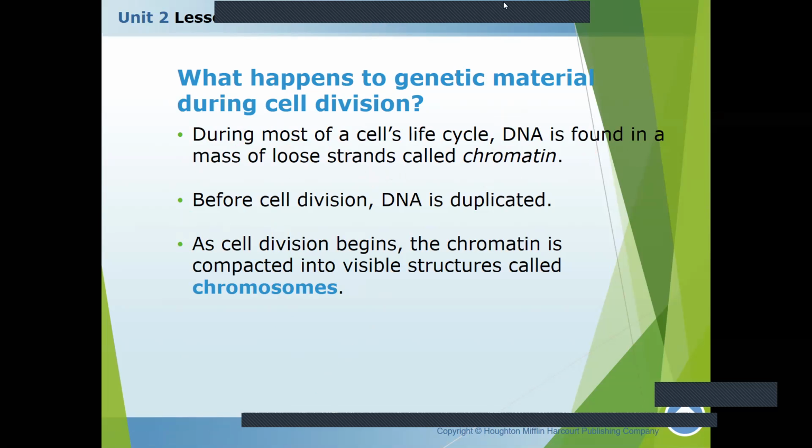When I say loose strands, they look like colorful strands, like that. What are these called? Chromatin. DNA is found in a mass of loose strands called chromatin.